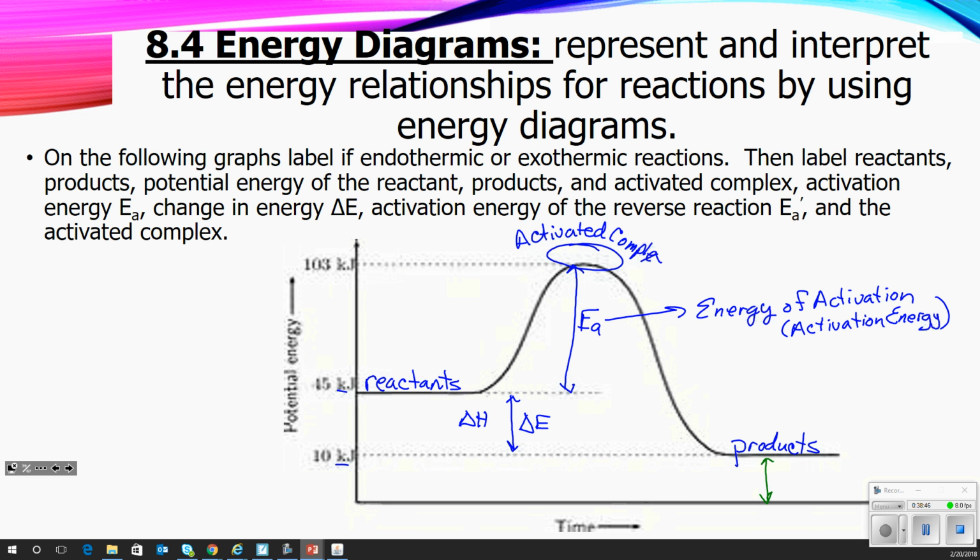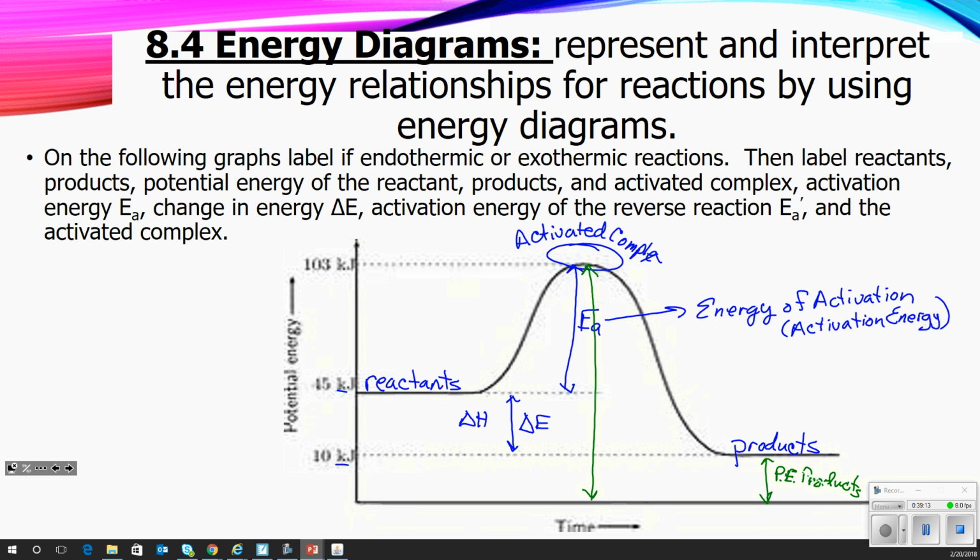Now, if I add some other arrows in here, if I did from here to here, what would that be? That green arrow, what would that be? Potential energy of the products, right? And it's not going to write here in the corner very well. That's supposed to say products. Okay, what about if I did a green arrow from the top all the way down to the bottom? What would that be?